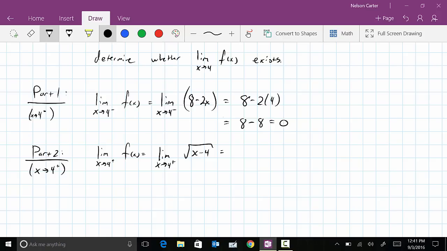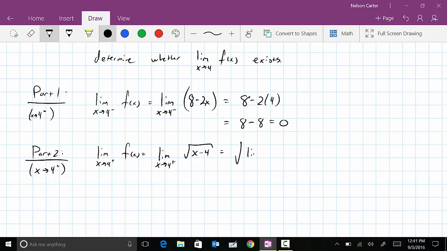Okay. And so now this is something I can use the direct substitution property for, because, I mean, it's not a polynomial, it's not a rational function. Well, I'll say this: the direct substitution property, we haven't exactly explicitly said that it works for this. So let me use another limit property. Let me bring it inside.